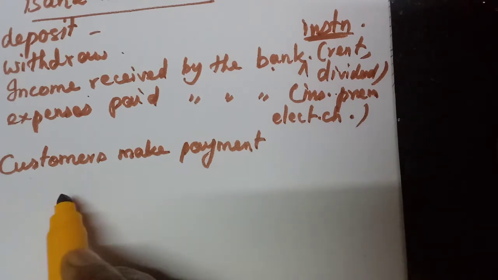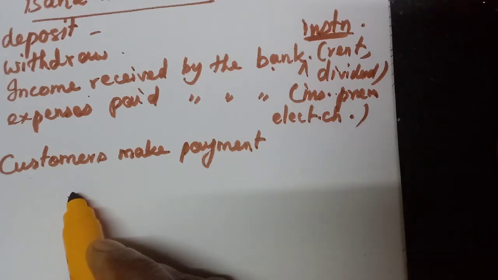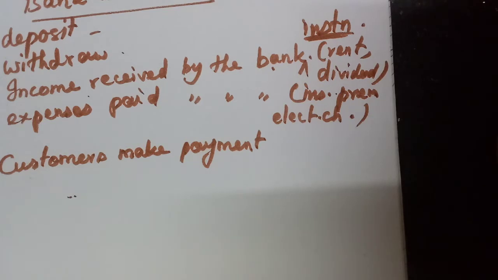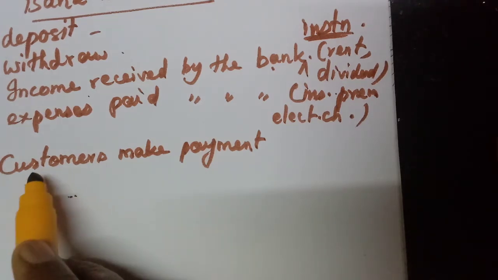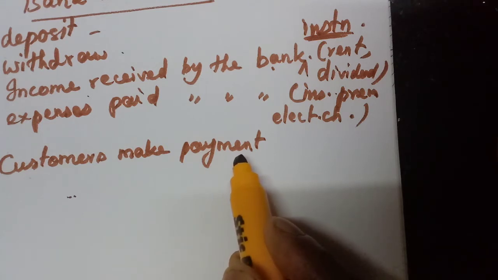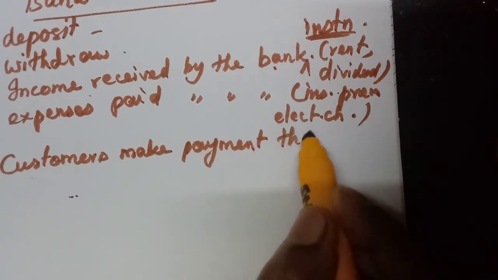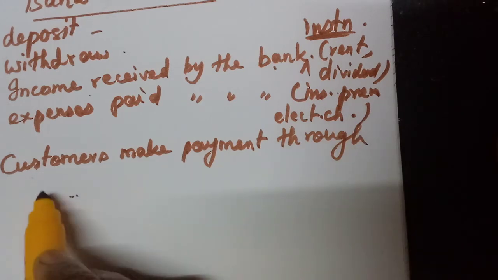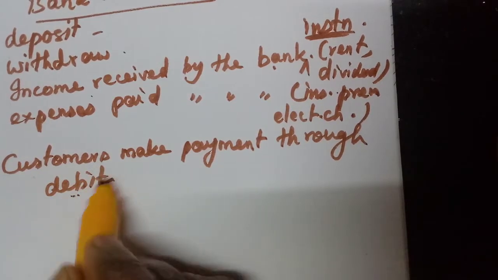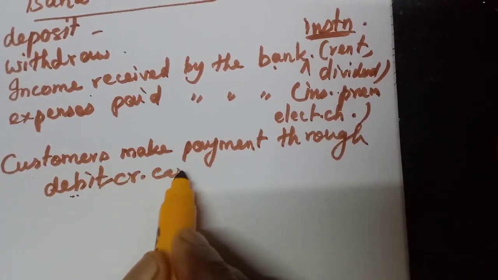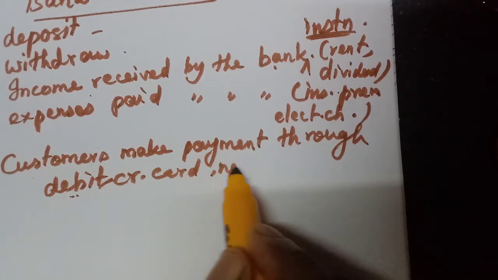If we run a shop, they will swipe the debit card or credit card directly, and the cash will go directly into our bank account. Customers make payment through debit card, credit card, or net banking.